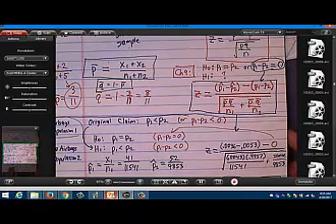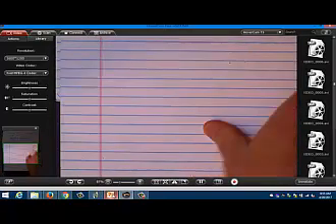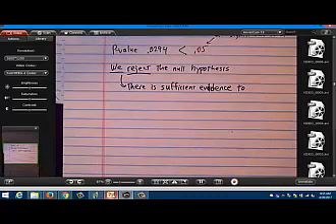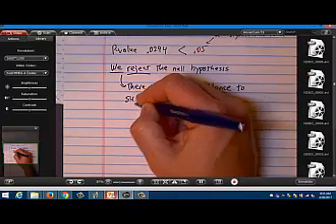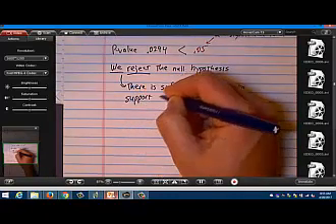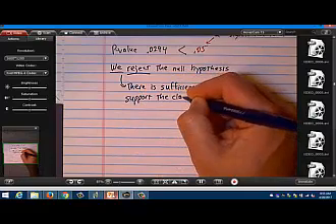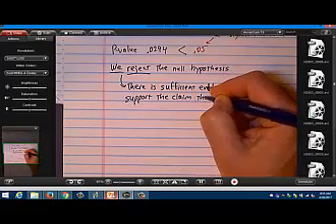Does that make sense? So I would say there is sufficient evidence to support the claim that what?